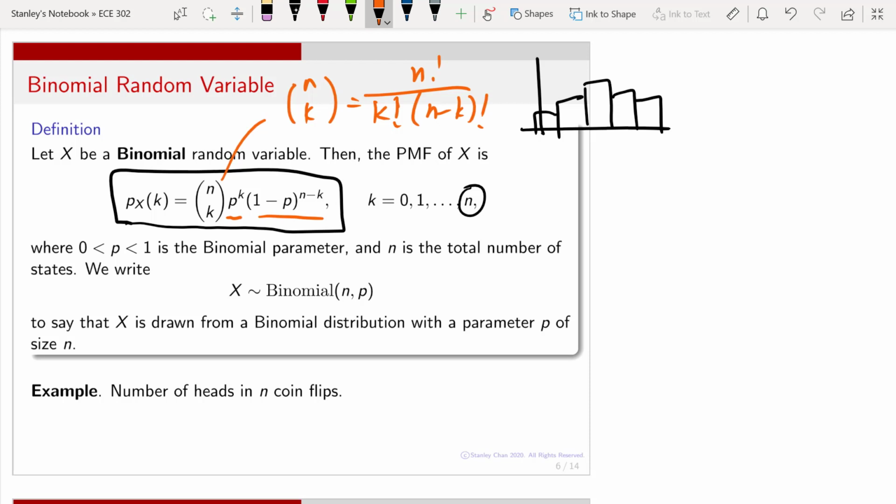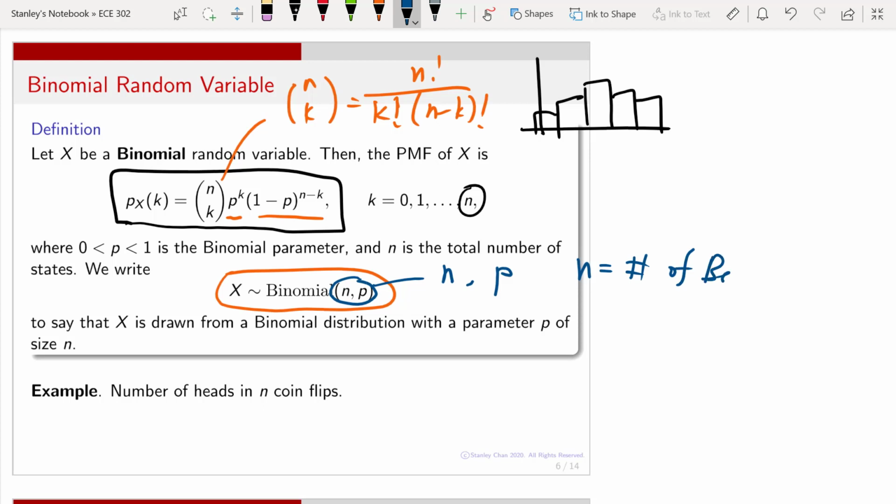We will write the random variable x using this notation to denote that it comes from a binomial random variable. Note that in the binomial random variable, we have two parameters, n and p. n denotes the number of Bernoulli trials.